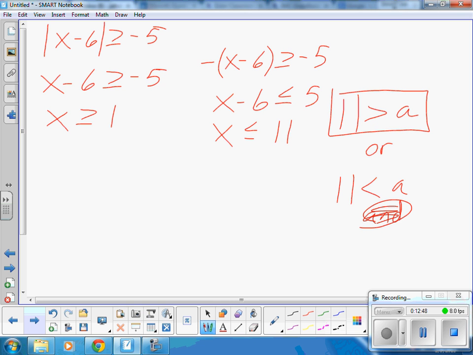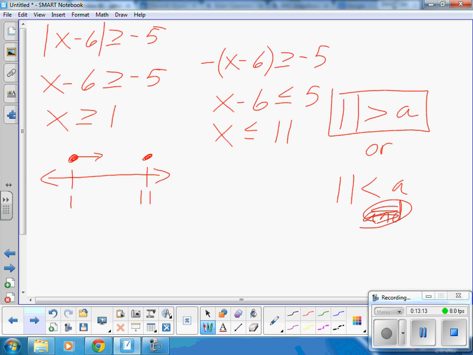Now, with that said, let's take a look at the graph. Let's start with x is greater than or equal to 1. Closed circle, arrow to the right. The next part, case 2, we have 11.